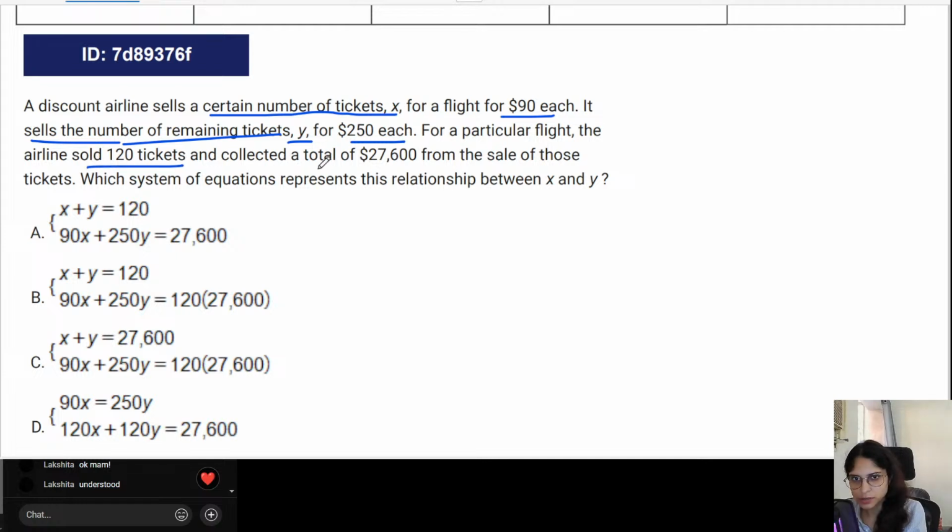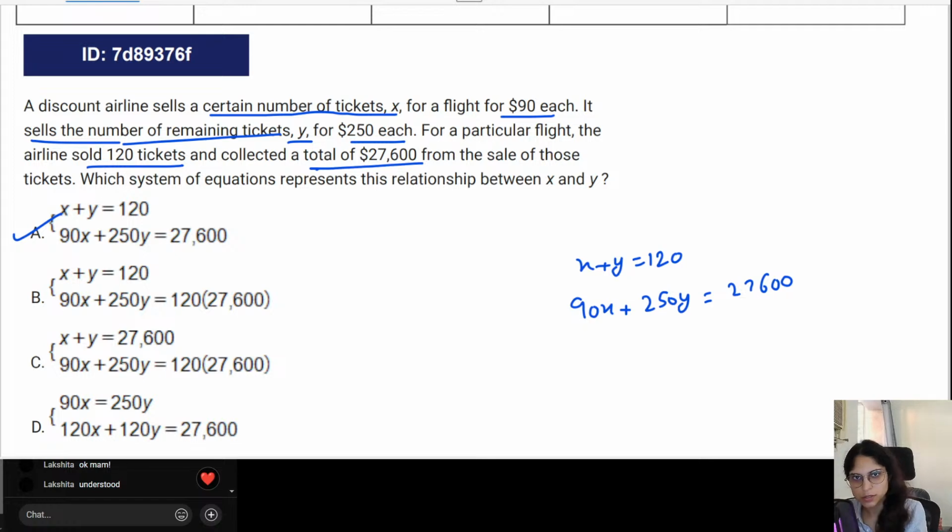Sold 120 tickets, total collected $27,600. So X plus Y is 120 because that is the number of tickets. Cost 90 times X, 250 times Y. Total is 27,600. Option A matches.